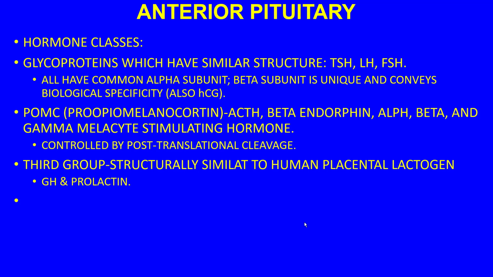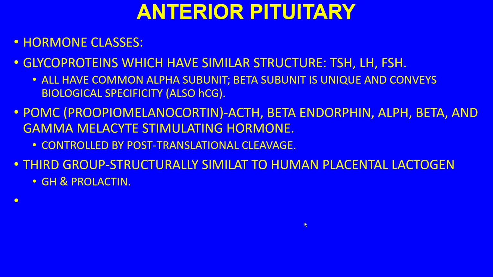So you see TSH, LH, FSH, and interestingly enough, also HCG, which, if you're not familiar with, is human chorionic gonadotropin. That's the hormone we use as a diagnostic of whether a woman is pregnant or not.